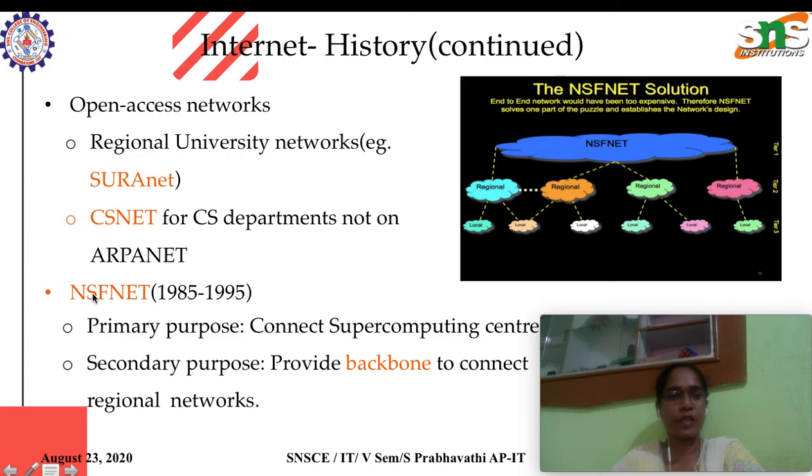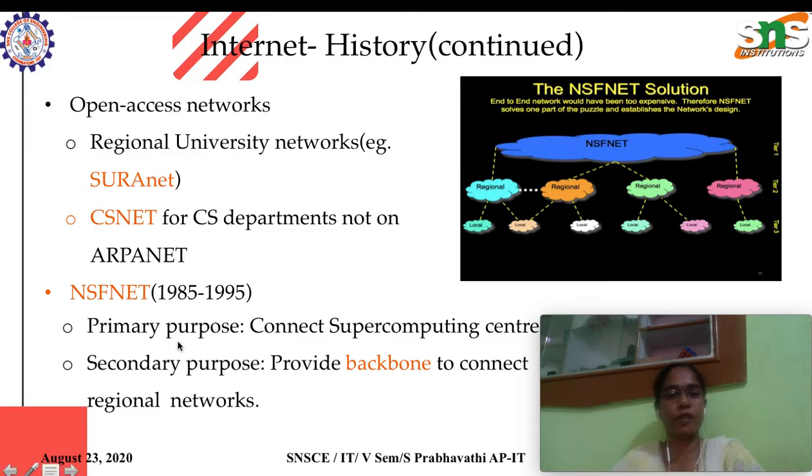And of course NSFNET, in the duration of 1985 to 95. NSFNET means National Science Foundation Network. They also started building their own network with the background of the TCP/IP communication protocol. We will be learning more in detail about TCP/IP both in the computer network paper and in our paper also.